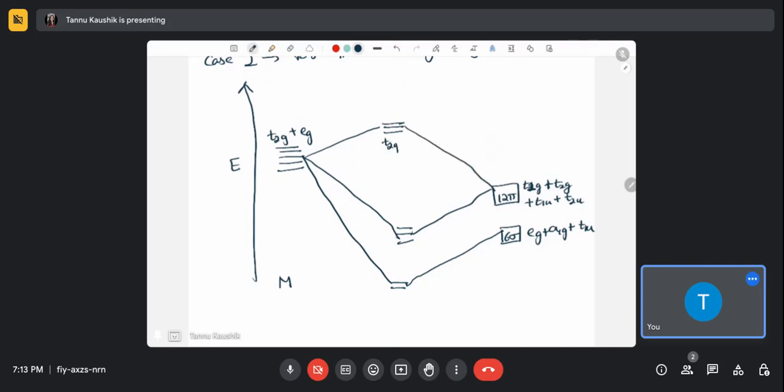This is T2G star, EG star. This is for pi donor ligands, a metal based system.